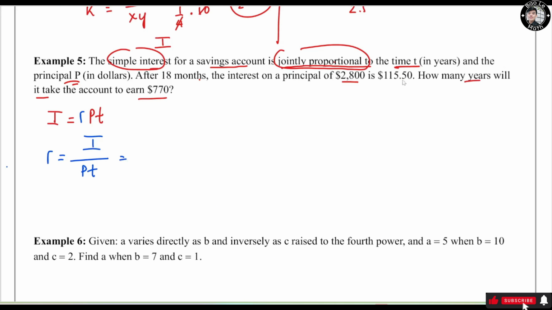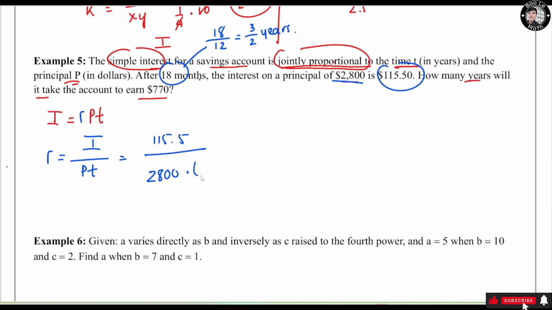Now I is 115.5, divided by p equals 2,800, times t, which is 18 months. We're going to convert this one to years, so it could be 18 divided by 12. Divide the top and bottom by 6, so it could be 3 over 2, so 1.5 years.